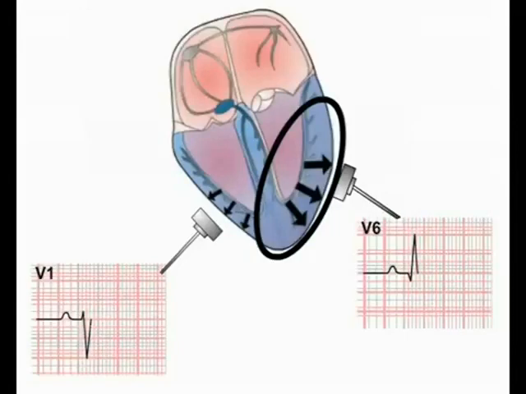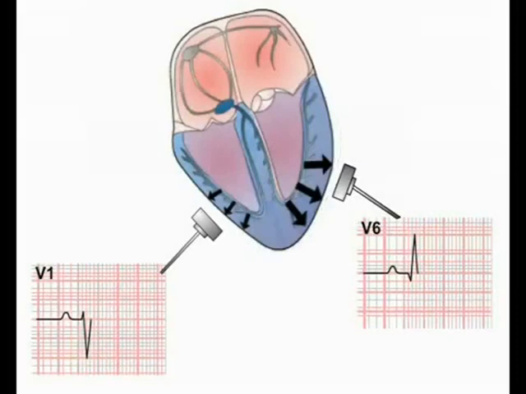Therefore, as the wave of electrical activity reaches the main muscle mass of the ventricles, the left ventricular signal overwhelms all other signals, and as it is moving away from V1, the deflection produced on the ECG recording from this lead becomes negative. In contrast, however, this signal is moving towards lead V6, producing a strong positive deflection.